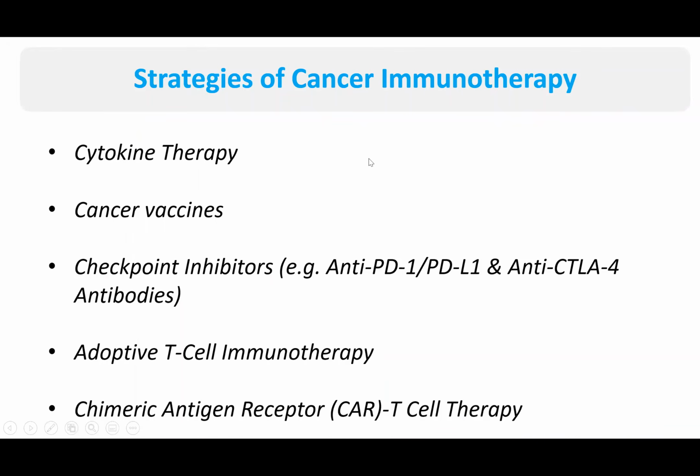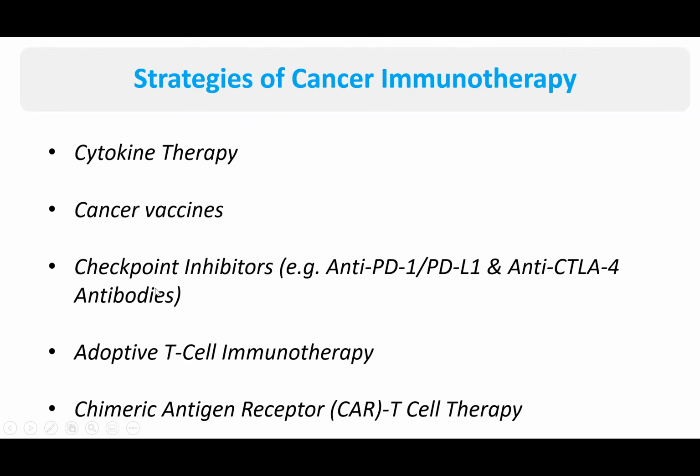So we have different strategies of cancer immunotherapy. First, we can use cytokines like, for example, interleukin-2 and interferon, to activate the immune system to attack the cancer cell. Or we can use cancer vaccines, delivering tumor antigens to activate the antigen-presenting cells to start the immune response and prime the T cells, the effector organ.